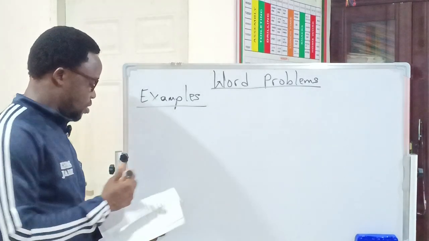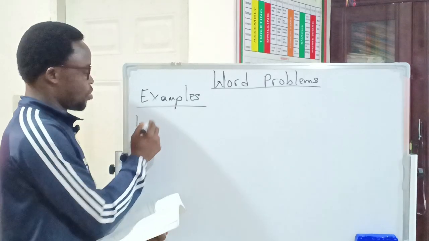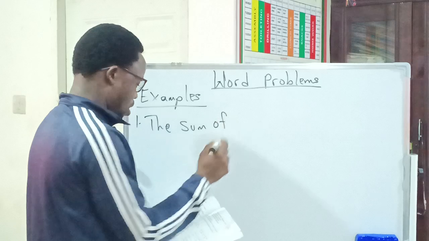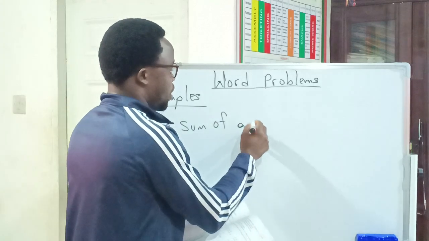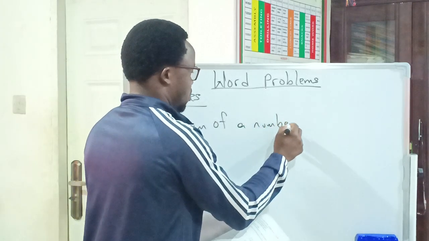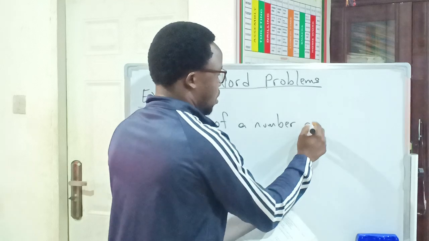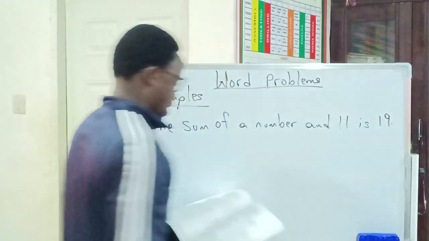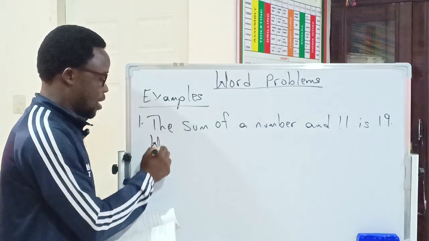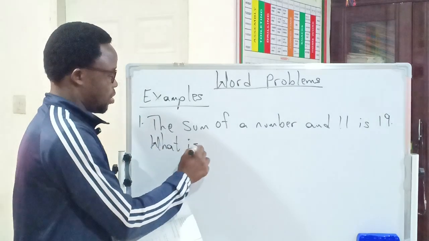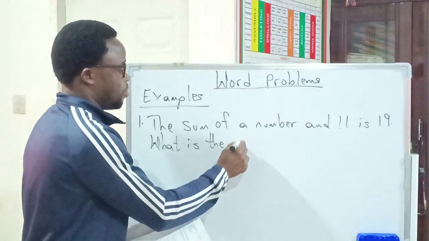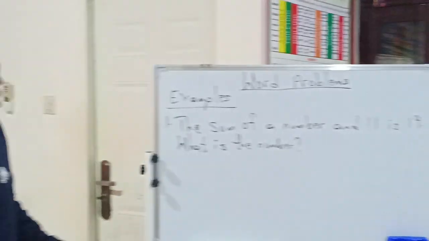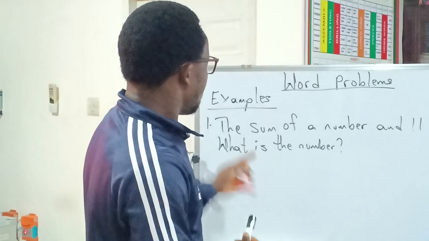Question one says, the sum of a number and 11 is 19. Now look at where the question is. What is the number? Now this is the question.